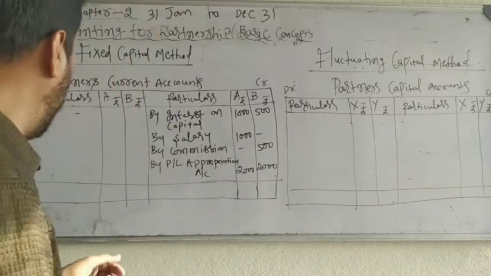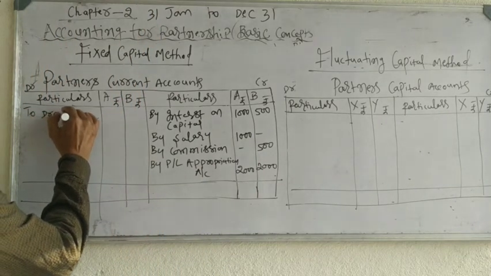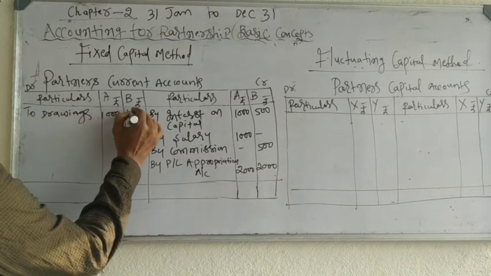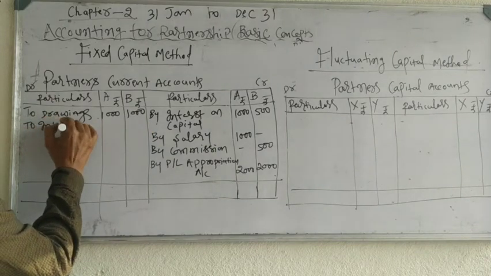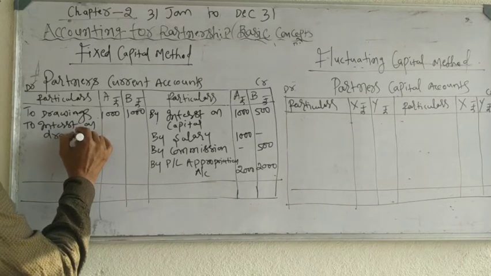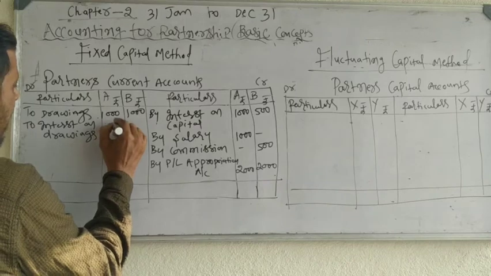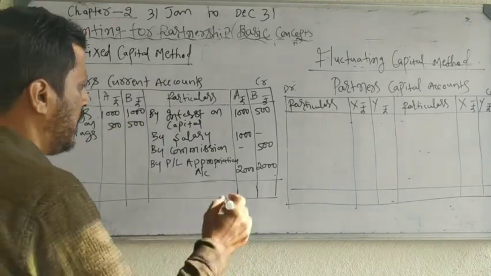On the debit side, you have to record drawings. Suppose drawings is 1,000 each. And interest on drawings, these two entries were debited from the account. We'll take 500. Now you have to make it total.